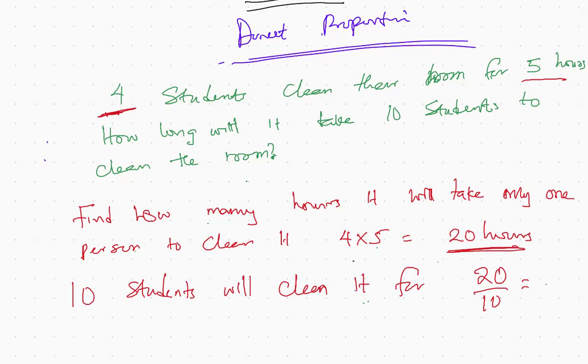So, and you have to rush it now. Can you see? If one person takes 20 hours, 10 people will share 20 hours between themselves. So that gives you 20 divided by 10.